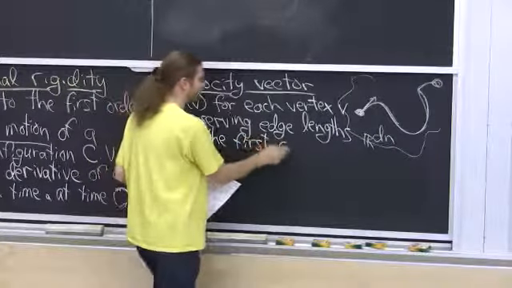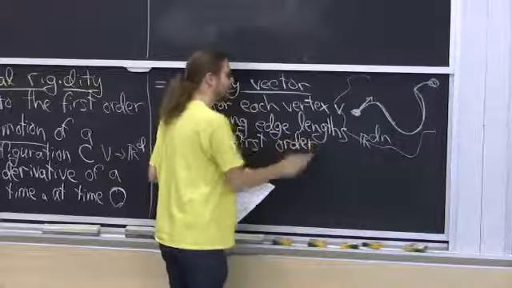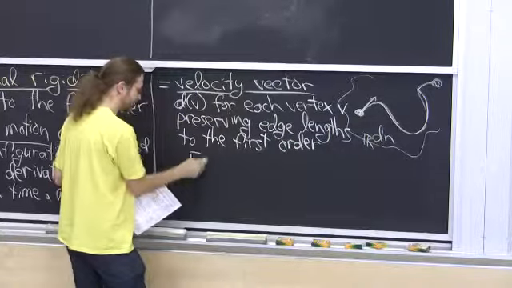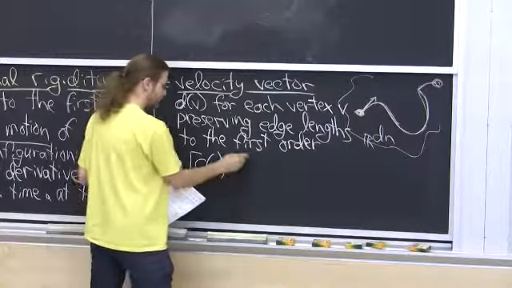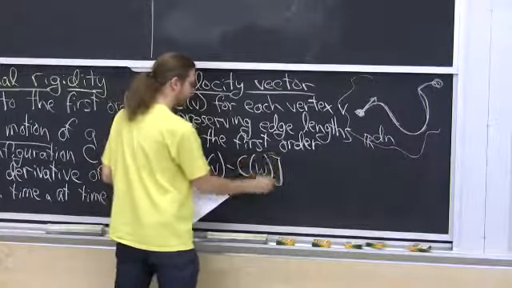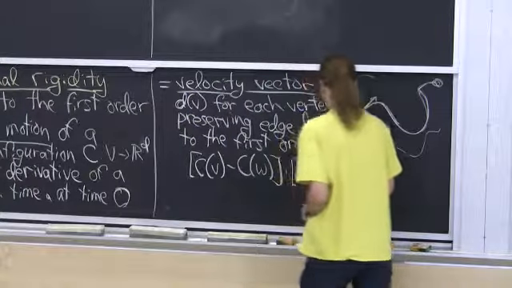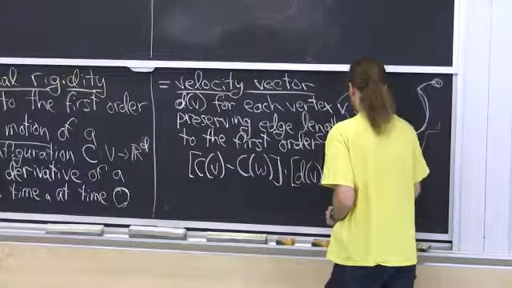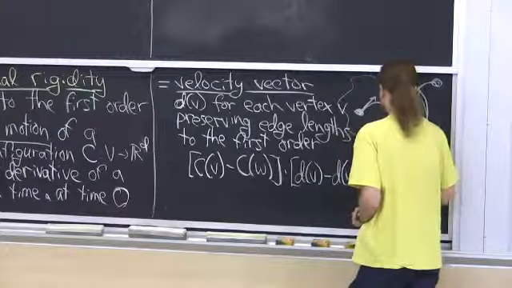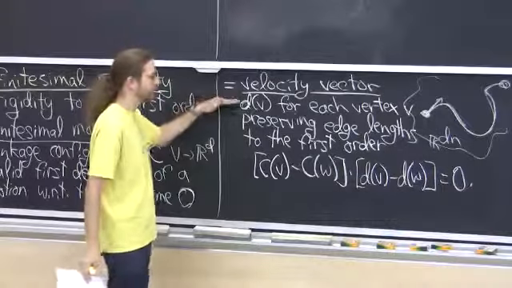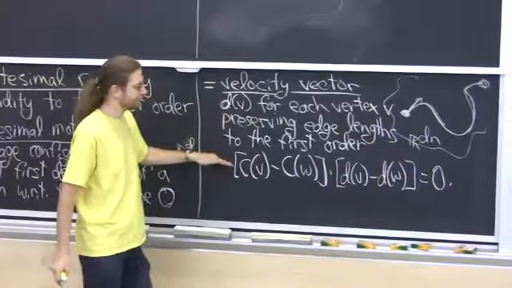And in the book, we take the derivatives, we work out all the details. But I'll just tell you what the condition is, because ultimately, all we need is this condition. So I'm just defining an infinitesimal motion to be a velocity vector for every vertex such that this property holds.